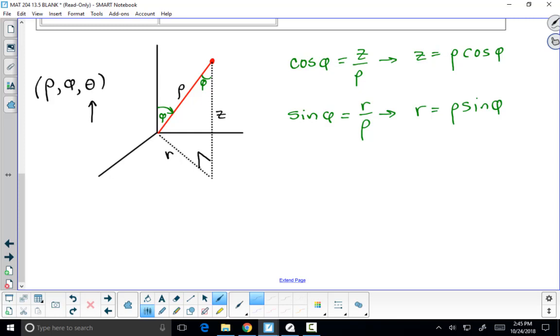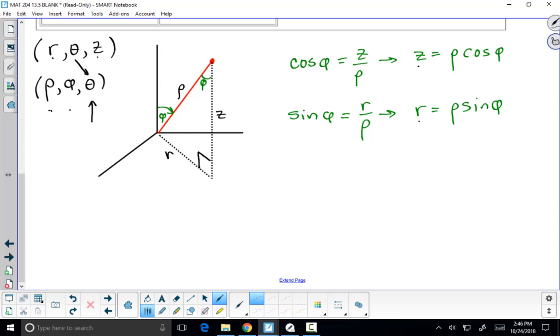The theta we're going to keep, but we need to convert from cylindrical. Let me write cylindrical up here: r, theta, and z. So with cylindrical, we're going to keep the theta, but we need to convert the r and the z into rho and phi. And this is how we convert the z and the r into rho and phi.